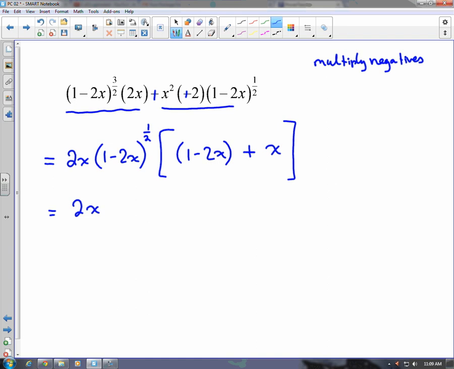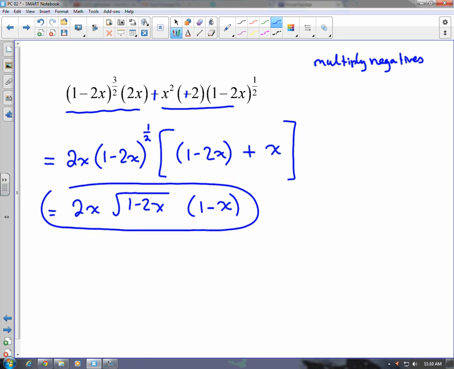This factor, again, we could leave it with the radical exponent, or we could change it to a radical. I'll change it to a radical. And then what about this one? Well, this one becomes 1 minus 2x plus x, which is just 1 minus x. And so there's nothing else that happens there. That's our expression. That's factored now.